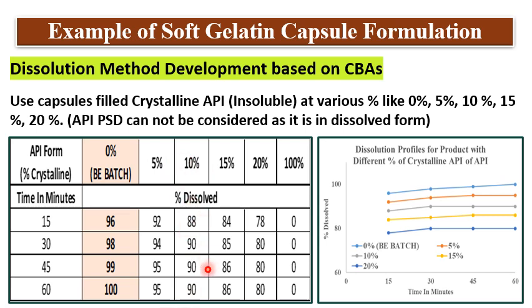Then 10% is also reflected at the last time point, or it is starting from the 15 minutes. 15% is also reflected, 20% is getting reflected, and 100% is also getting reflected. So here you can see the batch which is the BE batch or target batch with 0% crystalline API is showing the highest release, with more than 85% in 15 minutes. So the specification of 80% Q can be given in 15 minutes.